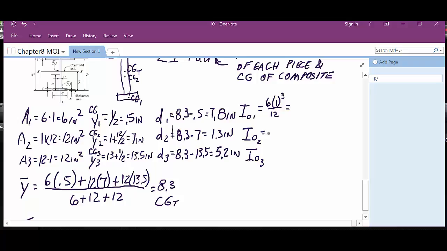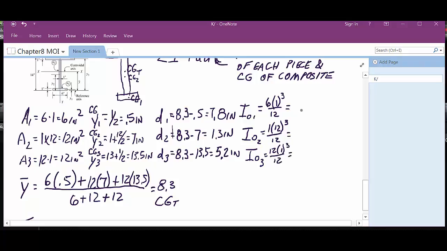Moment of inertia of the second one is 1 times 12 cubed, divided by 12. And then the third one, how wide was that? 12 is the base, 1 is the height cubed, divided by 12.